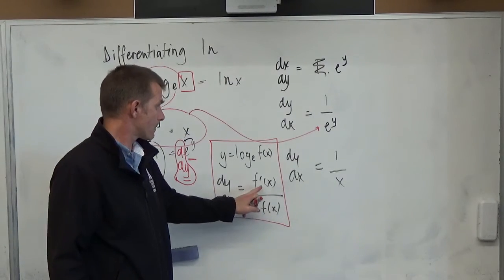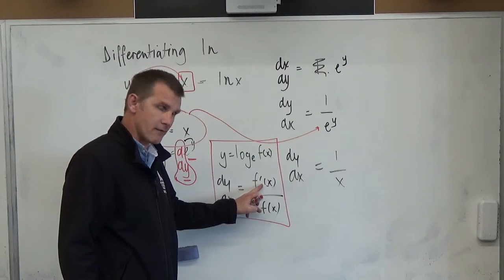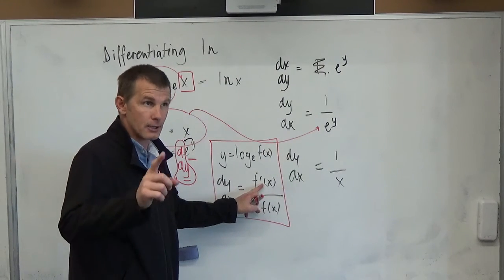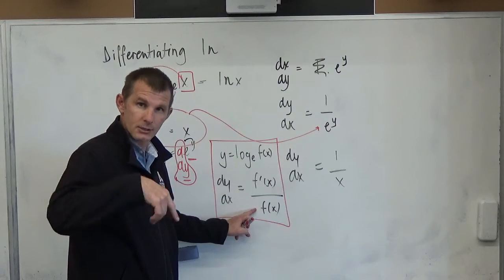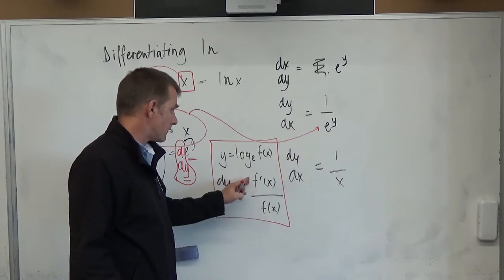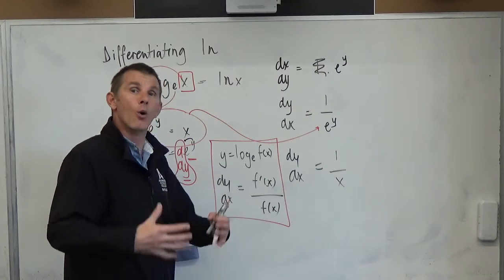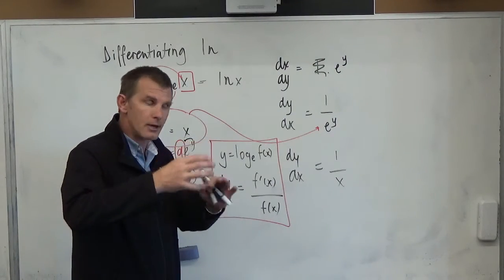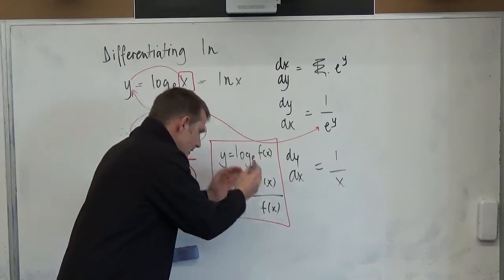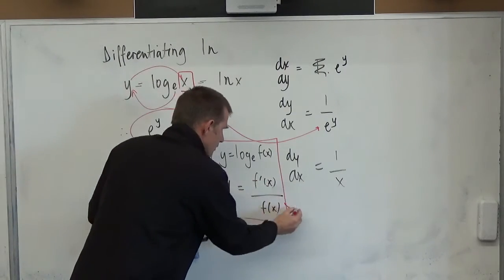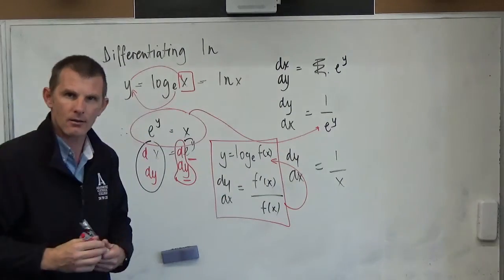It could be sine of x over, cos of x over sine of x. One is the derivative of the other. So if you can see something like that, or you can rearrange to get it in that sort of format, then when you would integrate that, you're just going to be coming back to there.